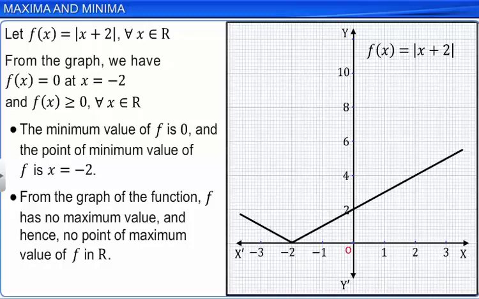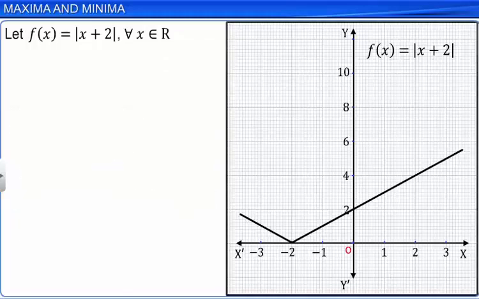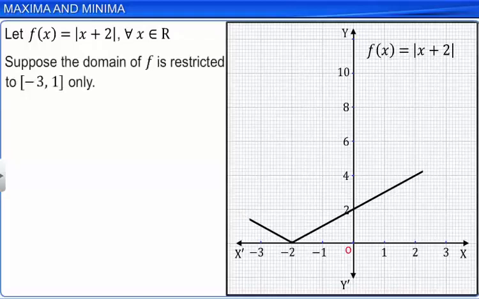However, if we restrict the domain of function f to some closed interval, then its maximum value also exists. For example, let us restrict the domain of the function f to closed interval -3, 1.